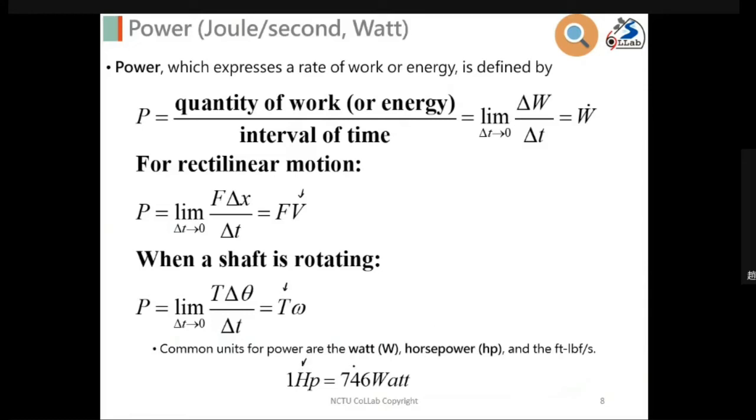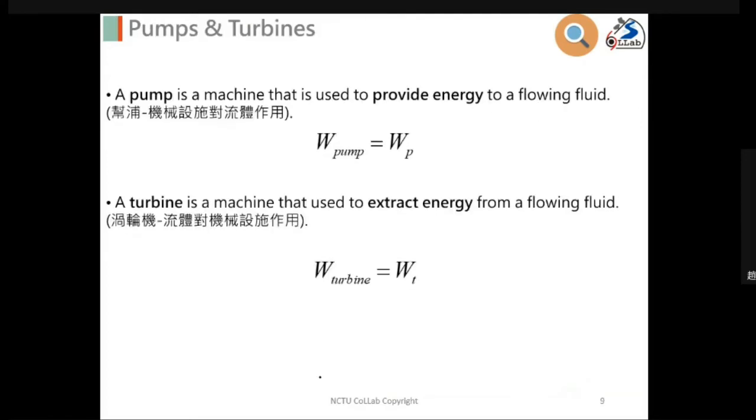This slide shows a very important dynamic transfer. We know that 1 HP, horsepower, is equal to 746 watts. So we just highlight the units for power. Usually we use watts and also HP, and there is a relationship and a constant conversion factor between watts and HP.